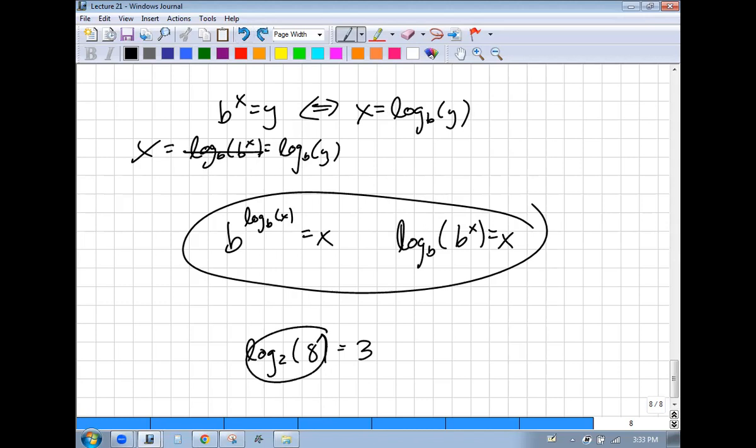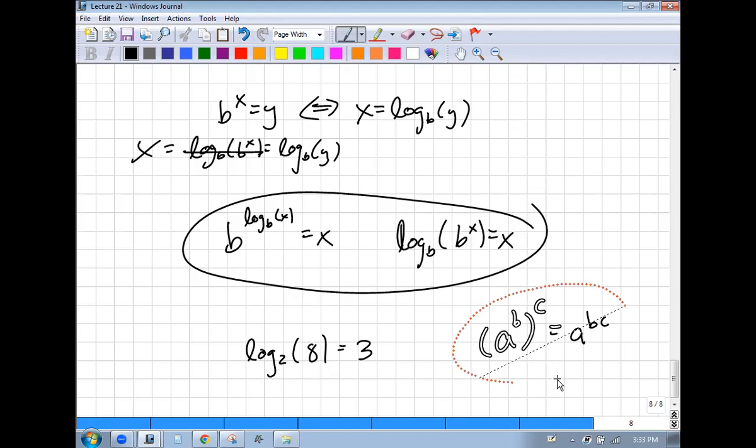This log is the exponent you raise this to. So logs being exponents, they satisfy the same properties that exponents do. An exponent to an exponent, you multiply them, right? If I have a to the b to the c, this is a to the b times c, right?